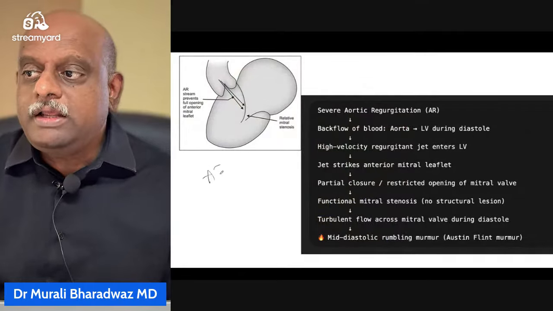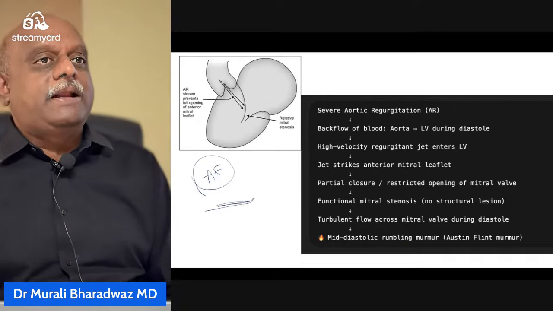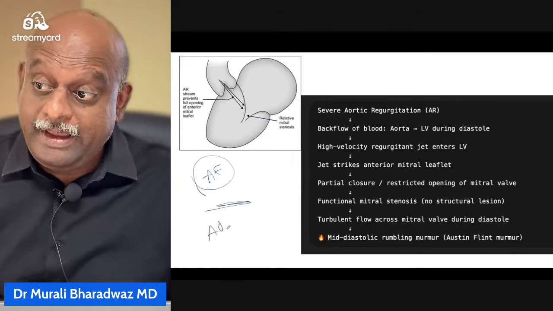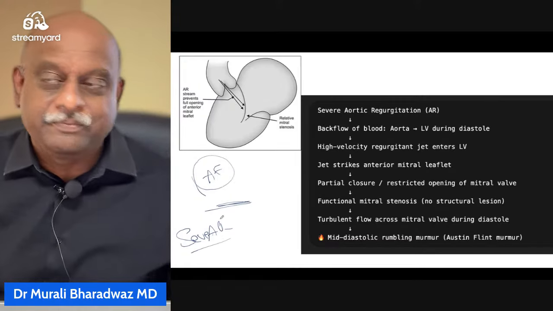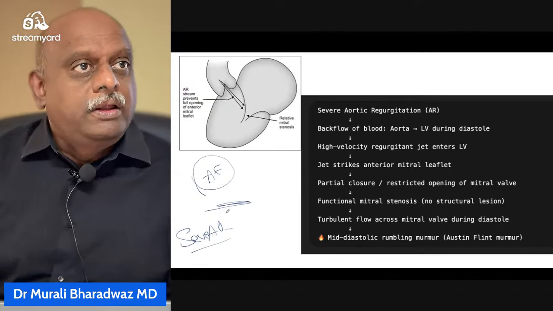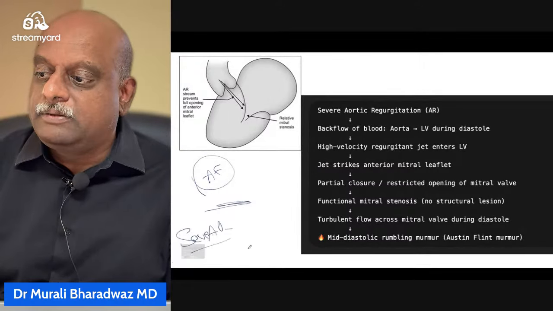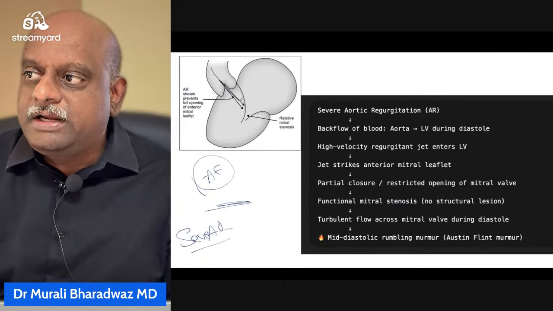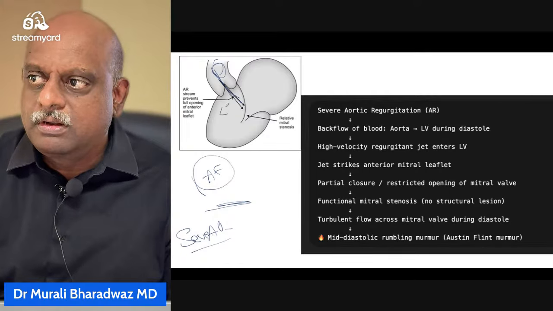Now, what is the pathophysiology of the Austin Flint murmur, which is seen only in AR which is severe, not in mild AR or moderate AR? Agreed? Now let us look into the pathophysiology. Very simple. Aortic regurgitation is happening from the aorta into the left ventricle.